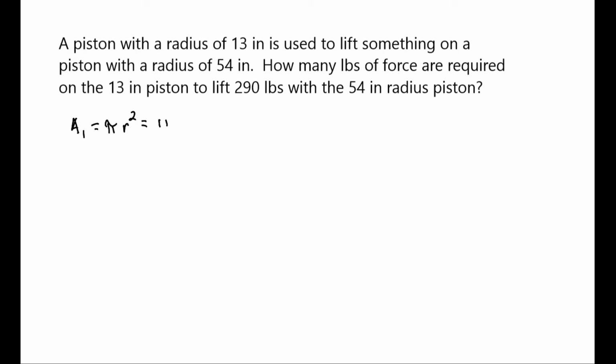So area 1 is going to be pi times 13 inches squared. And what do we get for our first area? Not in terms of pi. 530.9 inches squared. Area 2 is going to be pi r squared again, equals pi times 54 squared.